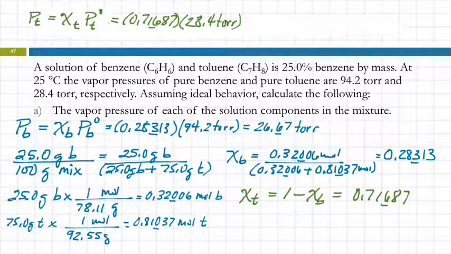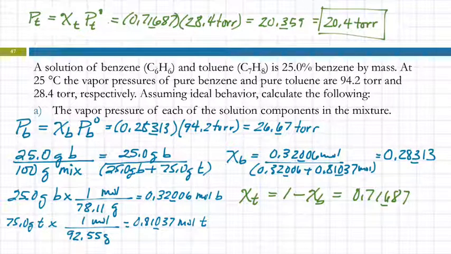That gives 20.4 torr for the toluene. Any questions? This one's kind of a bear.